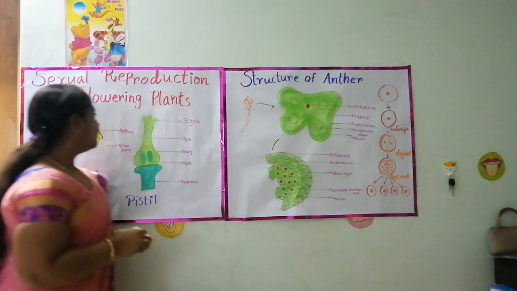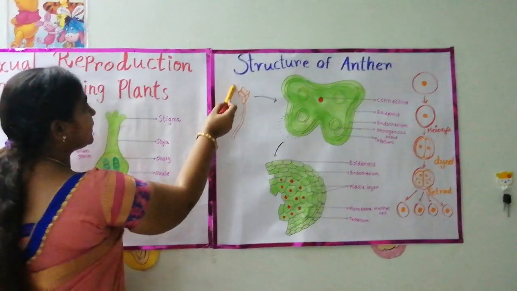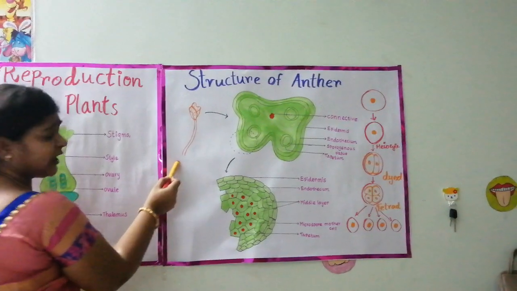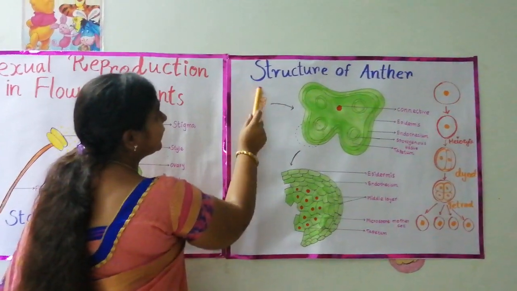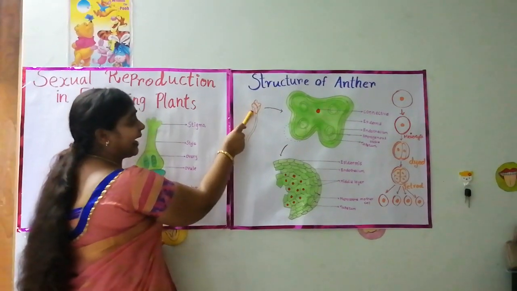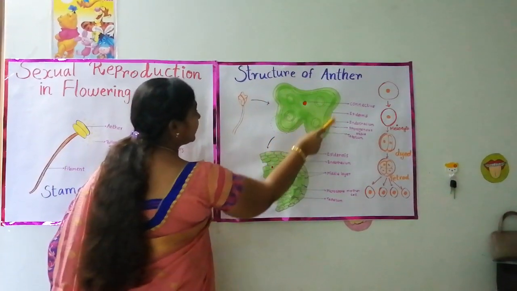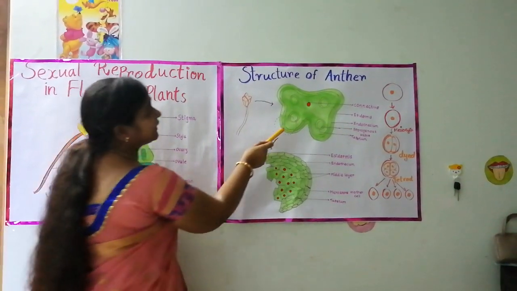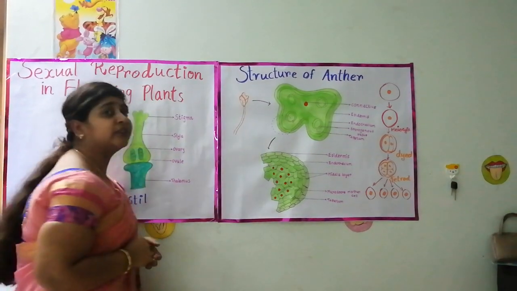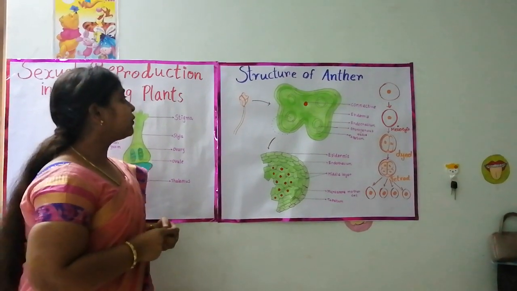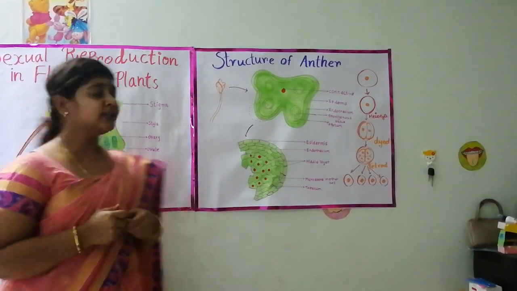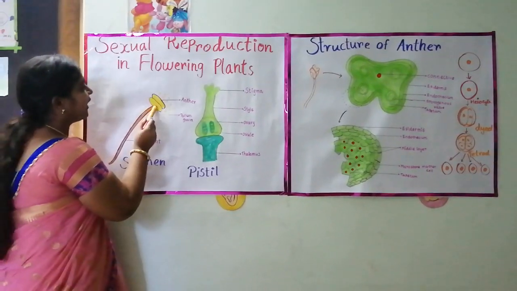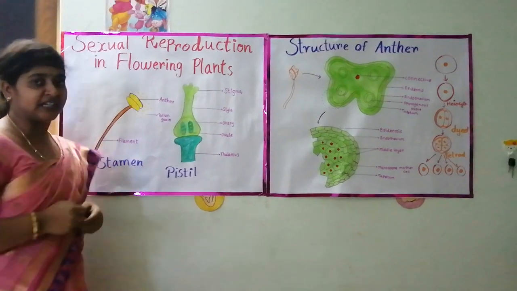This is the structure of the stamen that I have drawn here. If we take a part of the anther and keep it under the microscope, we can get the transverse section of the anther. The anther is a bilobed structure.